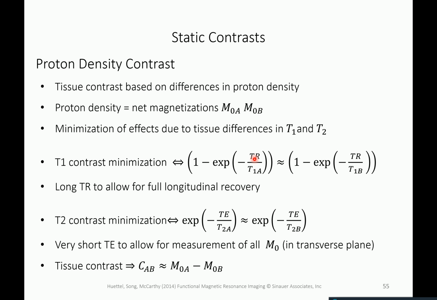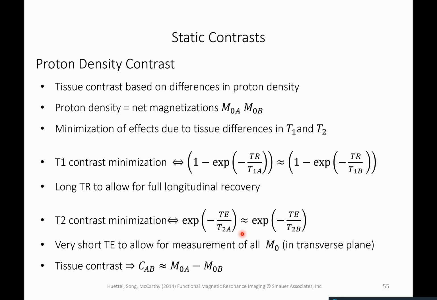So you allow a long TR to allow for full recovery, and you are not interested in differences in the decay of the transverse magnetization. So you are just interested in the M0 magnetization of each tissue or of each voxel really briefly after it's tipped into the transverse plane.